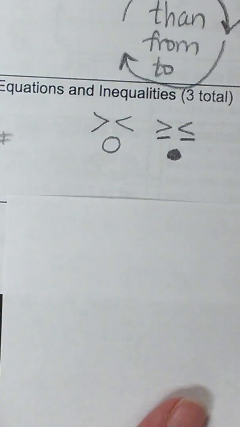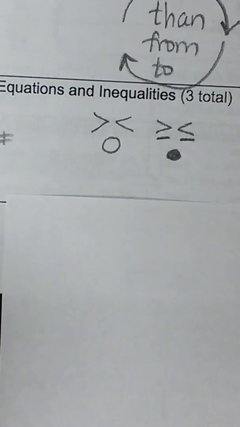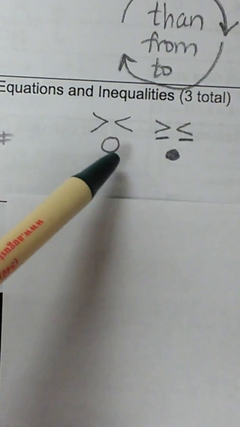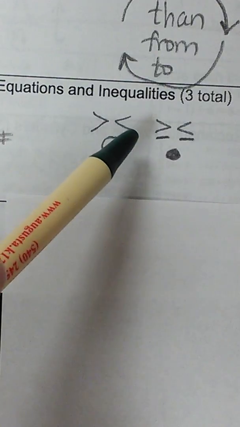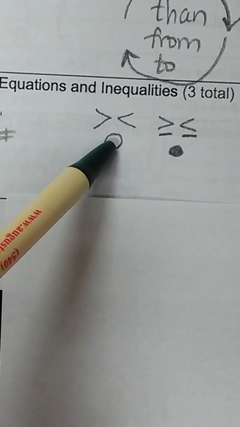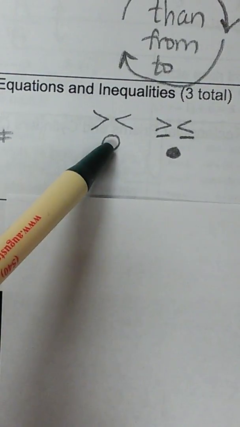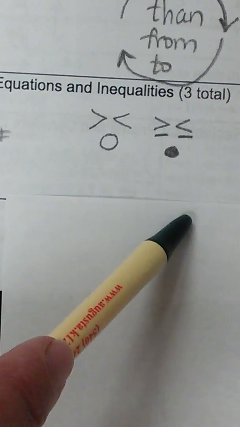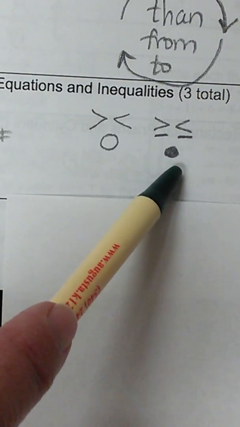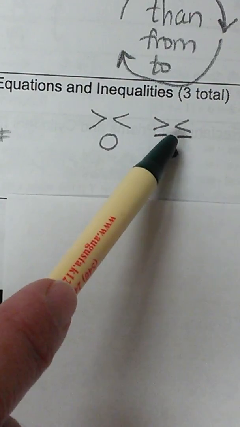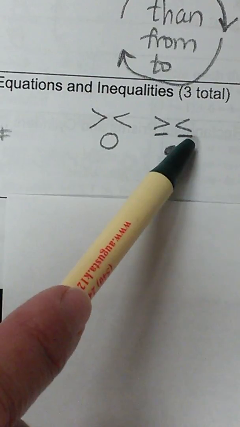If it's an inequality and you're graphing it, remember one, that inequalities actually show a whole range of answers. An infinite number of answers, actually. If it's an open circle, that would be greater than or less than. It means that that number is not a possible solution, but everything to the left or right of it would be. If it's a football player, remember we put the eye black, that would be greater than or equal to or less than or equal to.